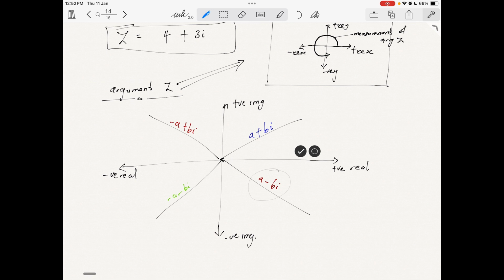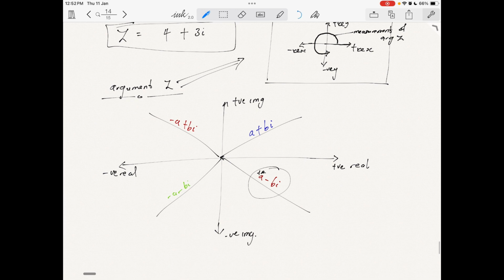And the same applies for this, which has a positive real number and a negative imaginary number. So we will be considering these individually, bit by bit, so that we can come to a conclusion on how to convert from Cartesian plane to polar form, ensuring that the arguments are not mistaken for each other.